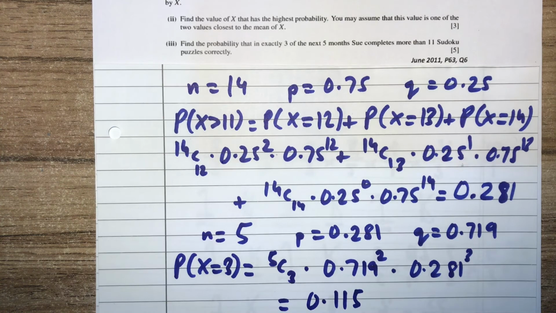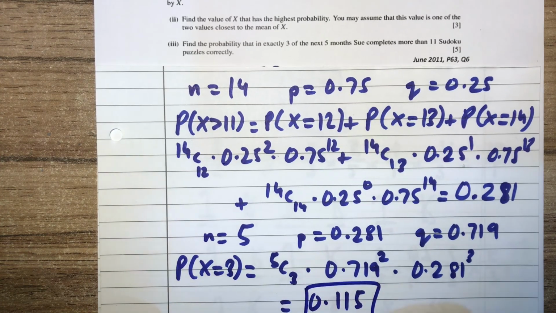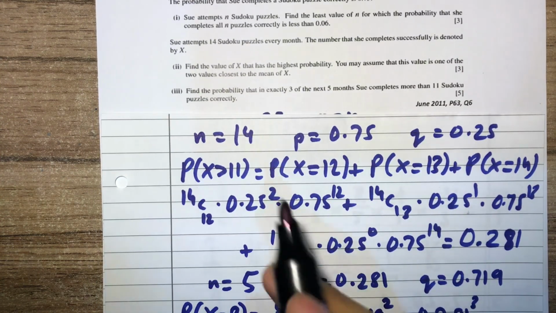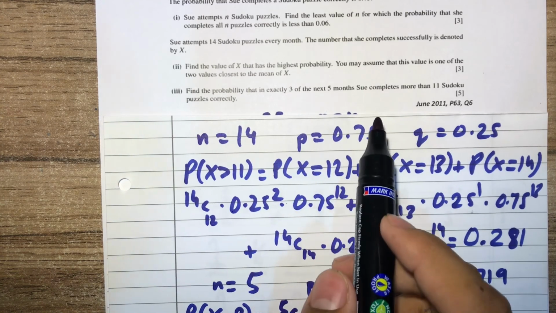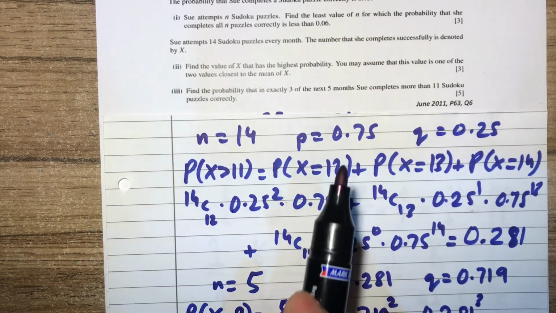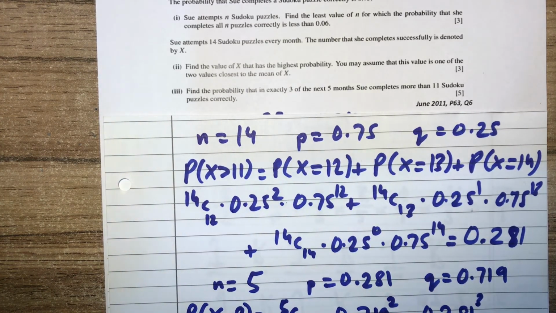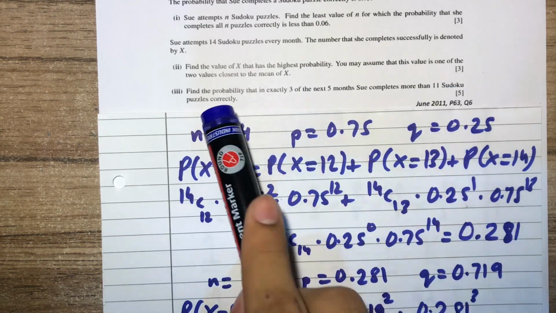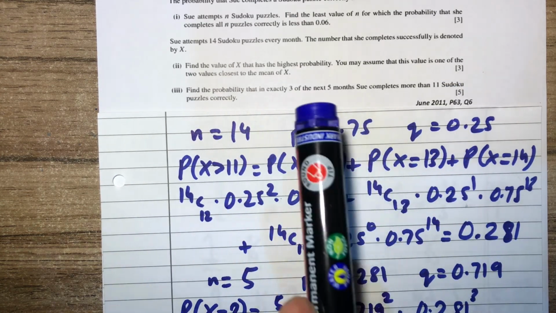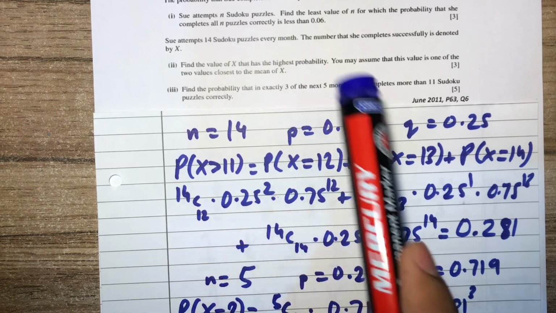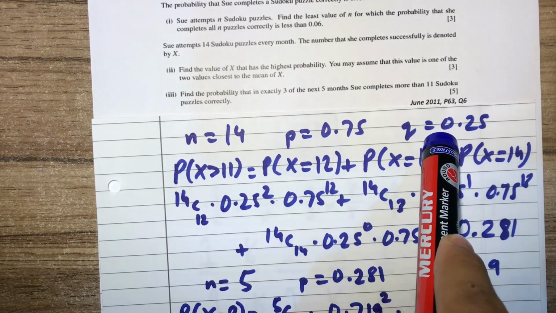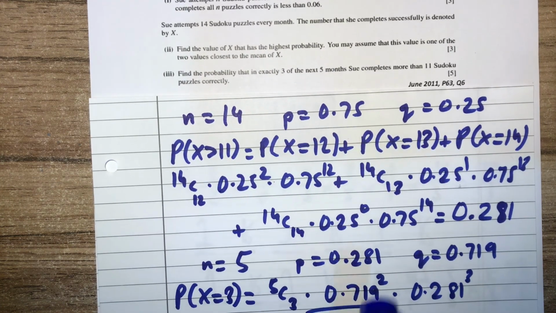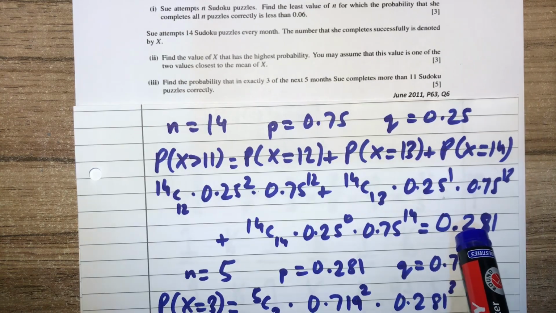So I'll repeat this part again, it was a little tricky. Firstly, we had to find the probability that in exactly 3 of the next 5 months, Sue completes more than 11 Sudoku puzzles correctly. So first I found the probability that she completes more than 11 Sudoku puzzles correctly. For that I used n equals 14, p equals 0.75 and q equals 0.25. And I got that probability as 0.281.